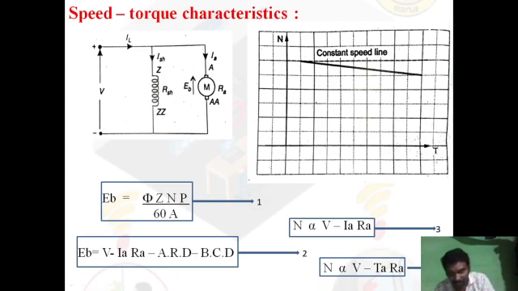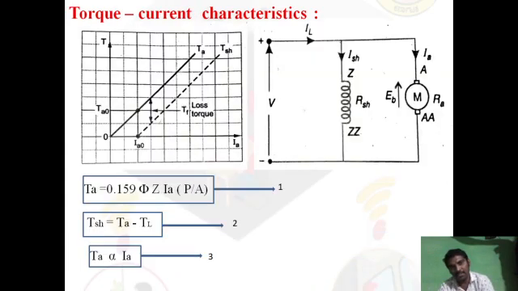Okay. So this is regarding the speed torque characteristics of the DC shunt motor. So we have discussed three characteristics. The first one is the torque current characteristics. By observing them, we can tell that at starting, if the motor is subjected to heavy loads, it draws a very high value of current.